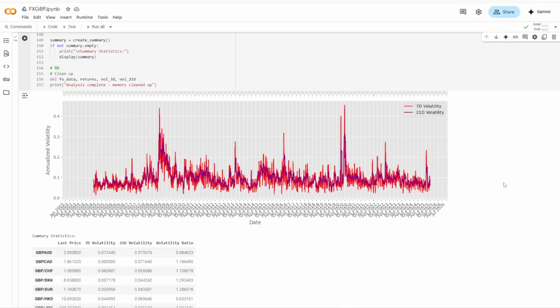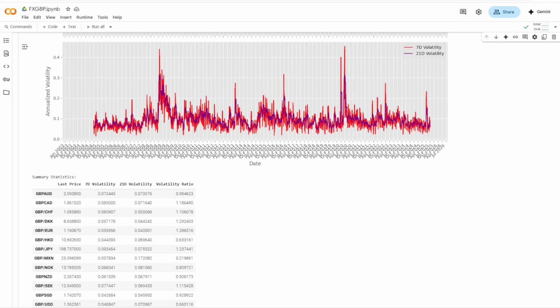For example, on Excel, if you have a data column of daily returns of any financial asset, you take 7 days of daily returns and calculate the standard deviation for those 7 days, and then you can fill up the column. You have the 7-day volatility.